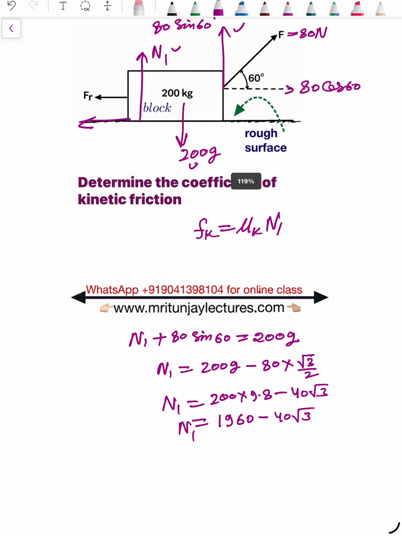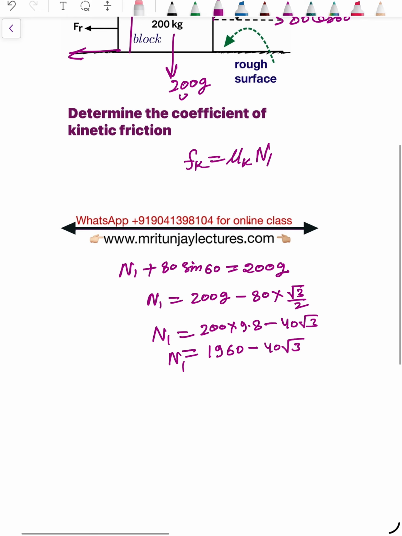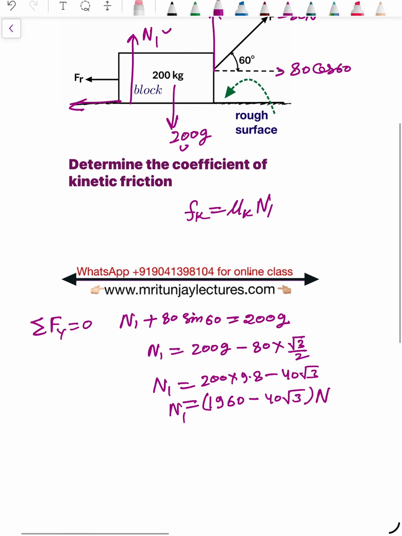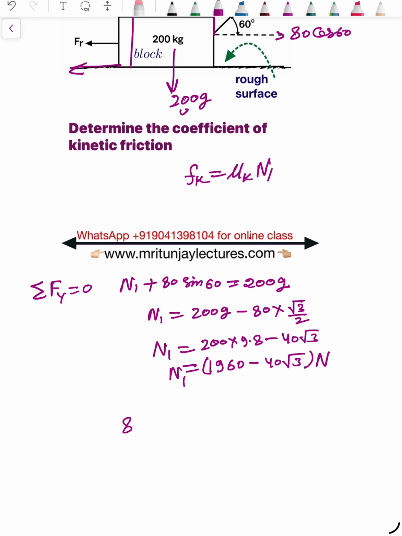Now next target, net force along Y. Here the algebraic sum in the Y direction is 0. That's why N1 is that value, in Newton. Now next, along the X direction, what about net force? 0. So 80 cos 60 minus Fk, because of motion, equals mass into acceleration.